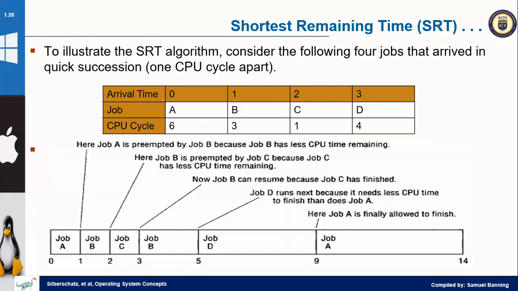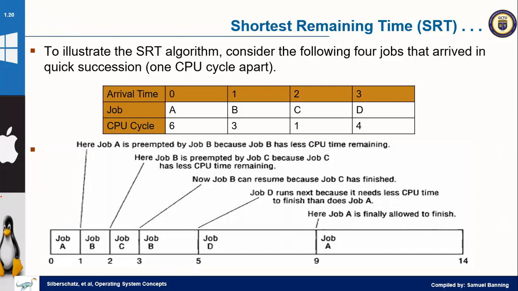They arrived at the following times: job A at time 0, B at time 1, C at time 2, and D at time 3. If we're talking about seconds, first A arrived, the next second B came, then C, then D, in that order.